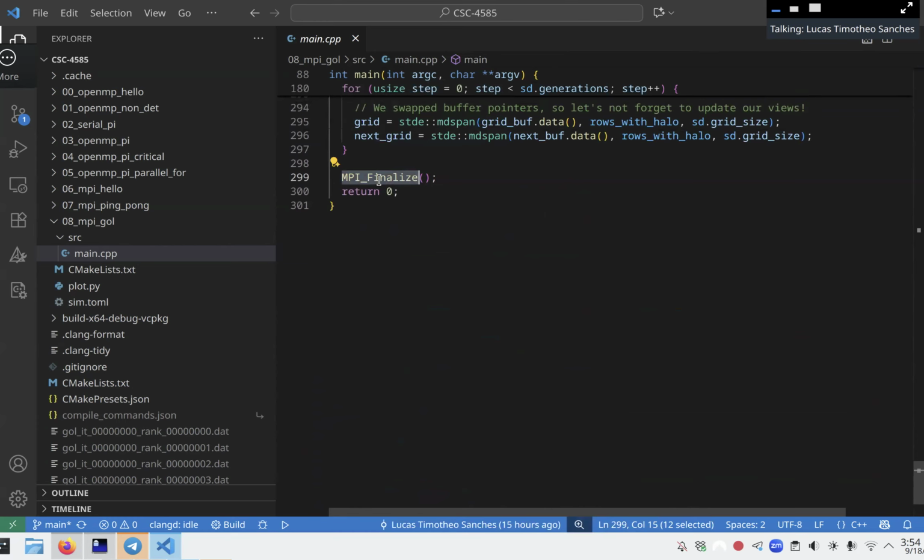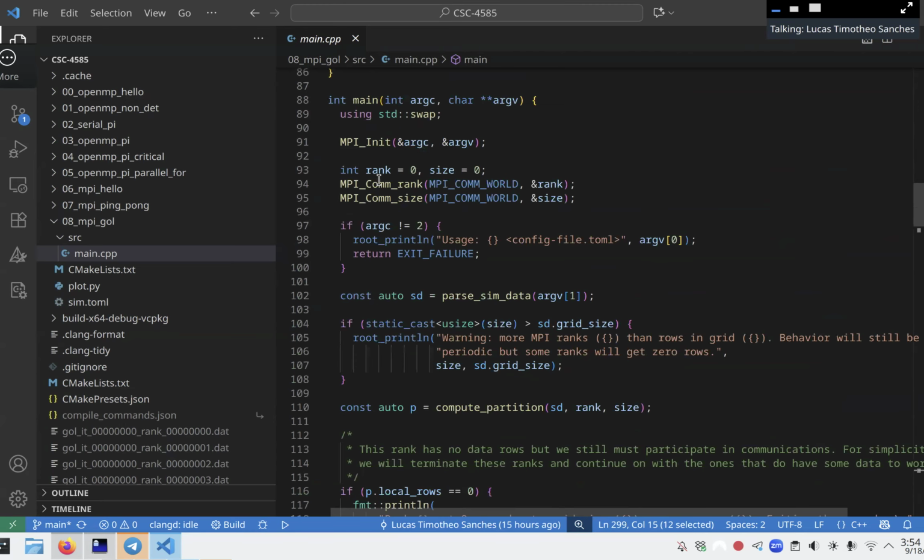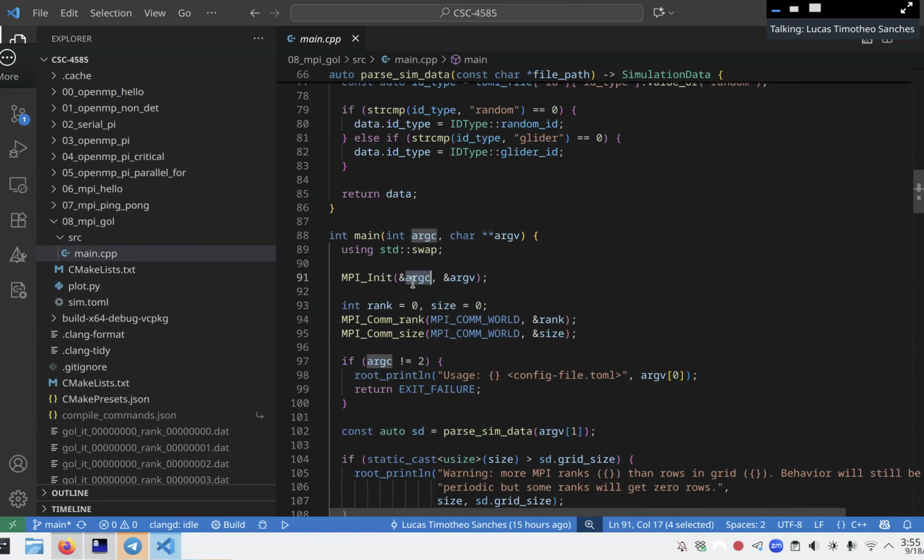I don't know if you guys have used old-timey C libraries, but usually they're always like that. They have some initialization function and finalization function, and MPI is exactly like that. And MPI also wants the command line arguments that you may or may not have passed to it, because it does stuff with that.